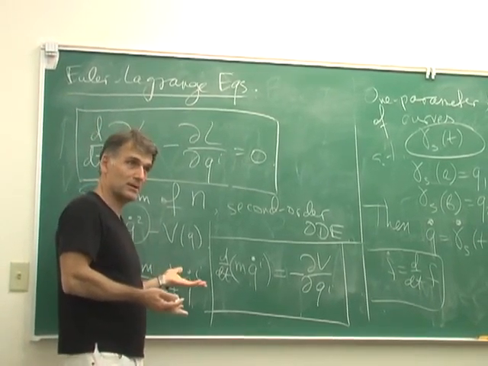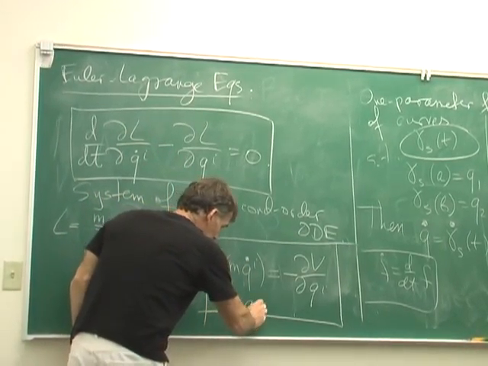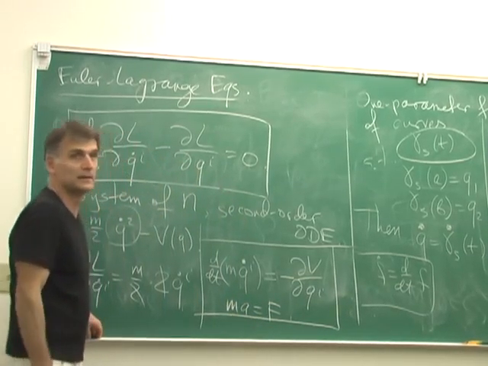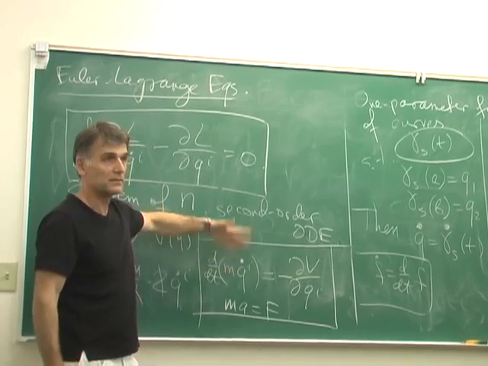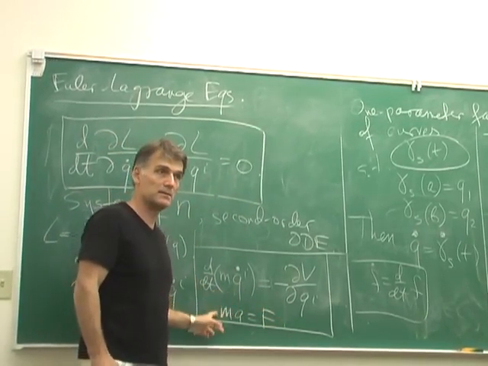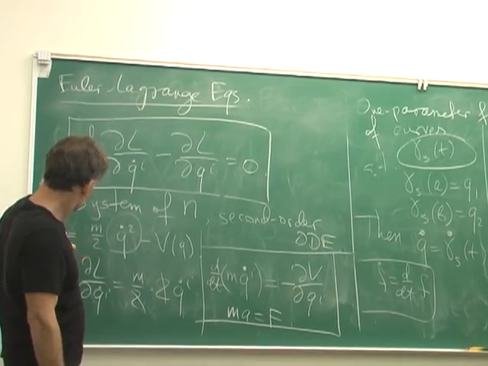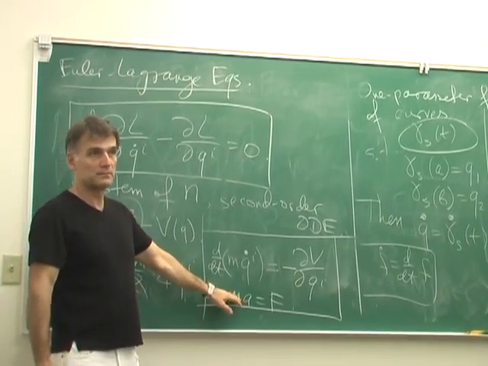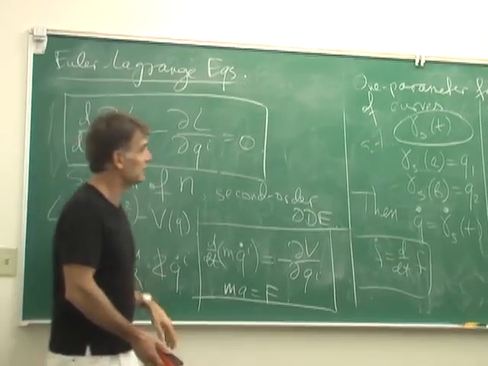This is m times acceleration, ma equals F. That is the force, that is velocity, take derivative, get acceleration, you get this. That's Newton's law. Okay? So if you take that Lagrangian, you get this. Take some other Lagrangian, you get another system, but it's always like that.